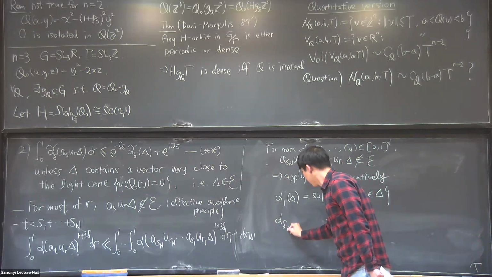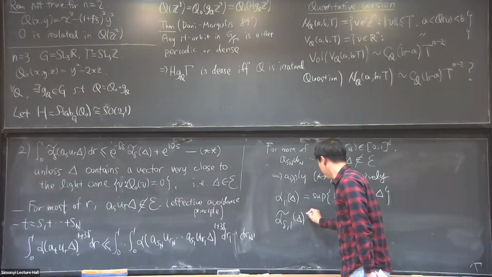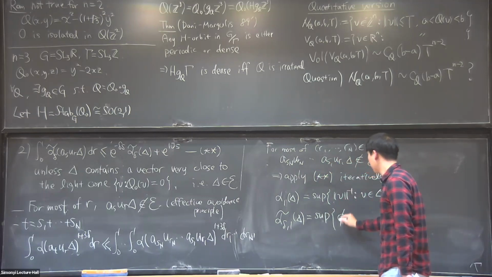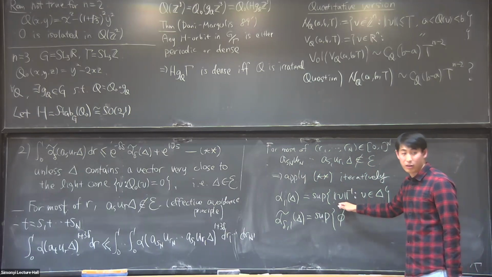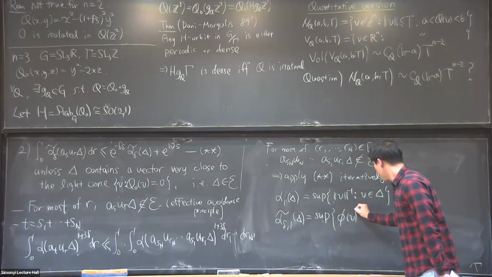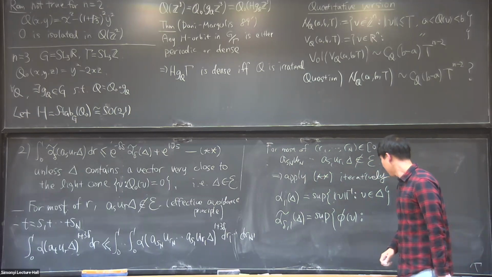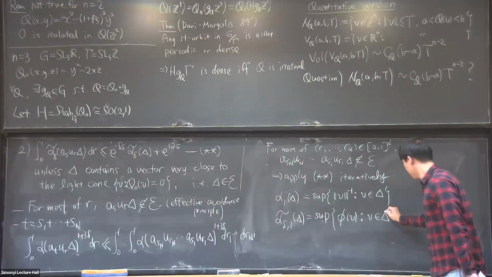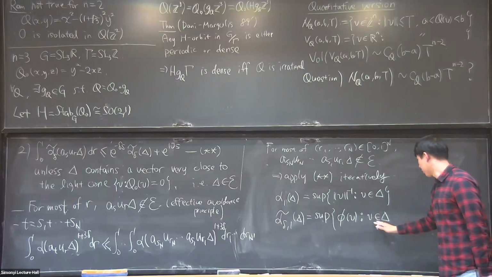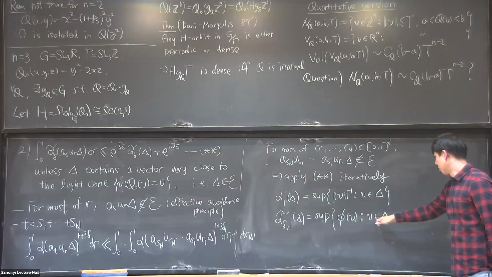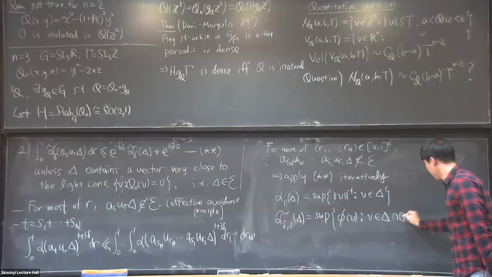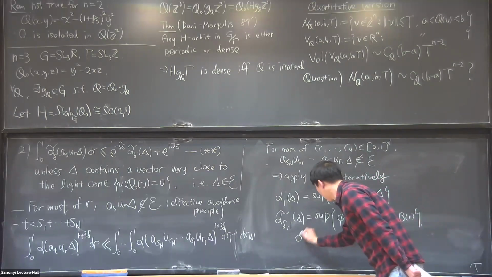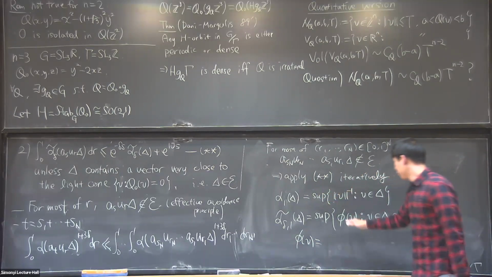For this modified alpha, instead of just the inverse of the length, I take some function phi, and the supremum is taken over the lattice points contained in the unit box.